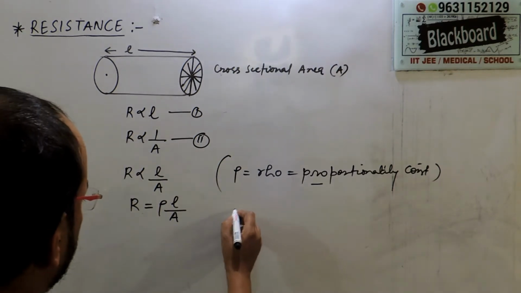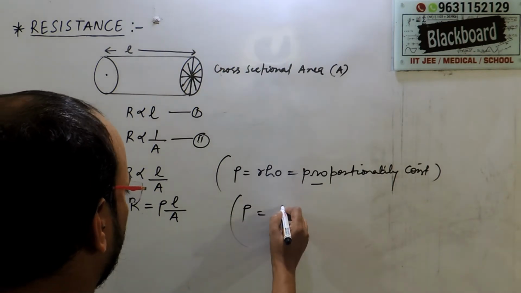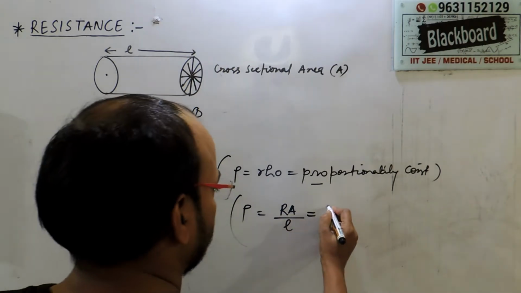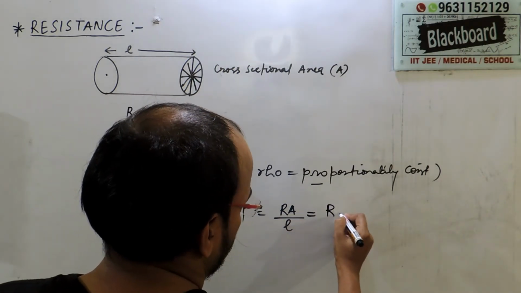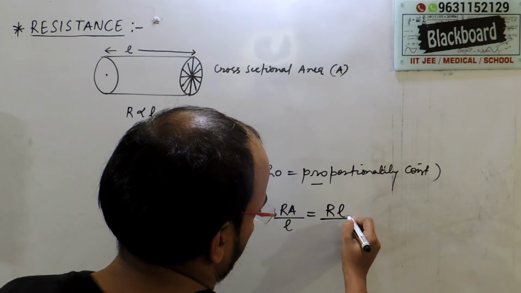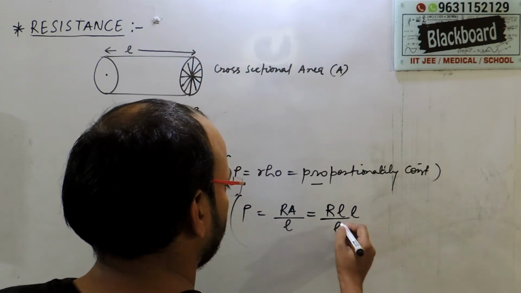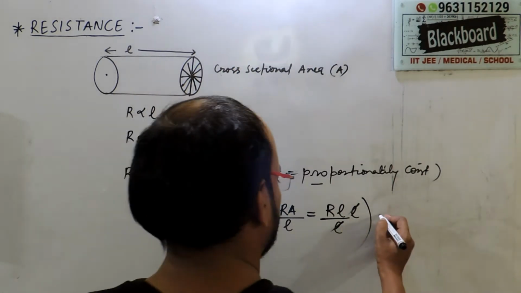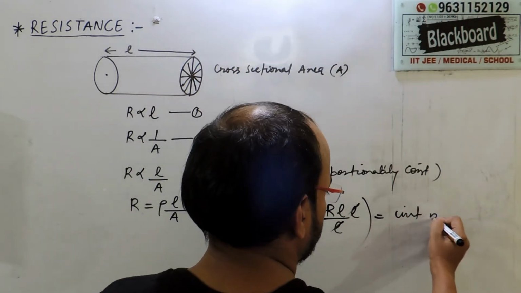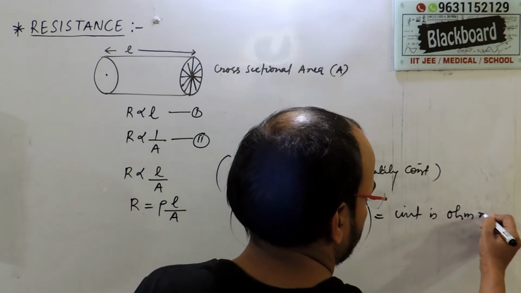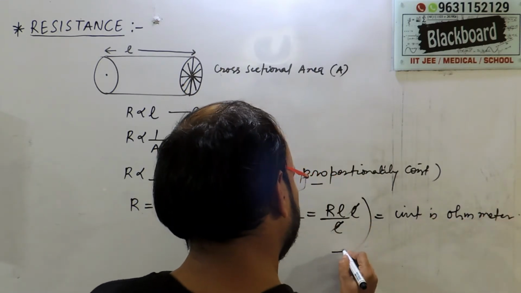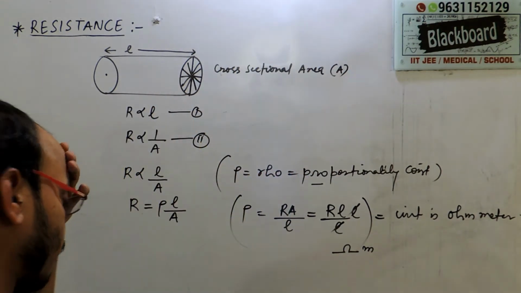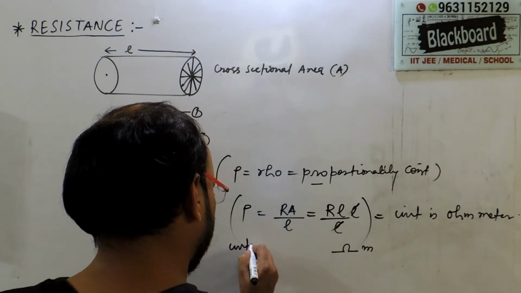That means you can write rho is equal to R into A by L. Now for the unit, resistance has the unit ohm, and area is meter squared divided by length in meter, so the unit is ohm meter. This is the unit of your rho.